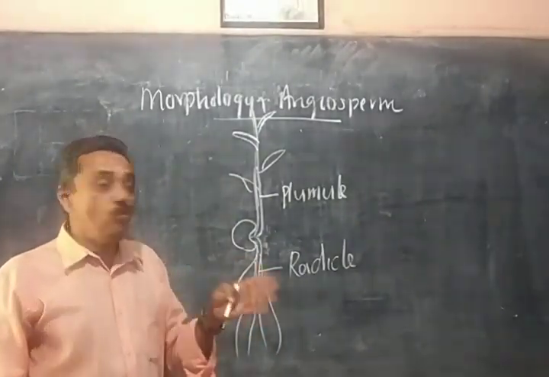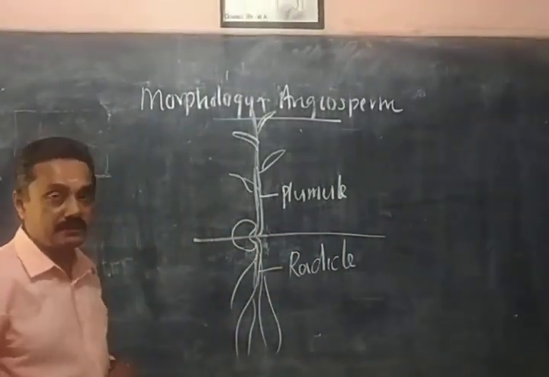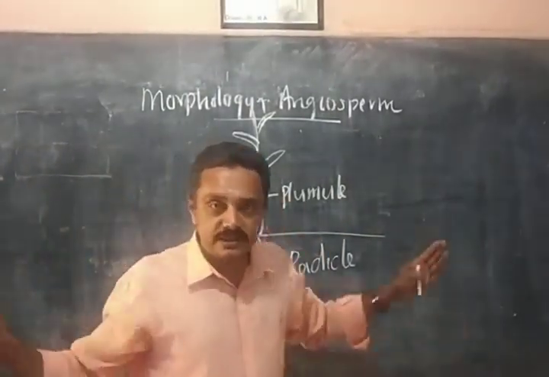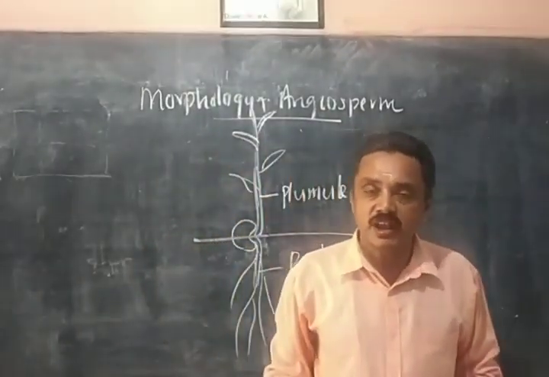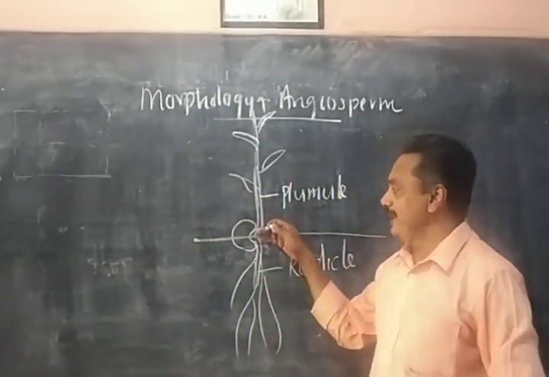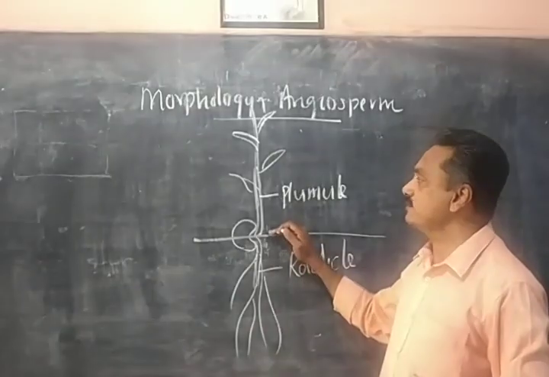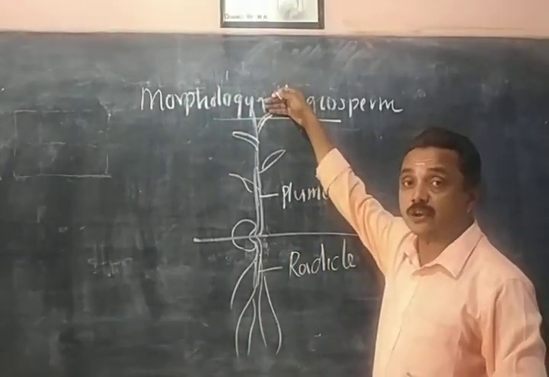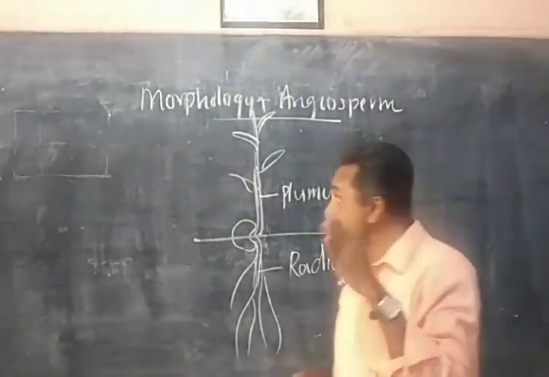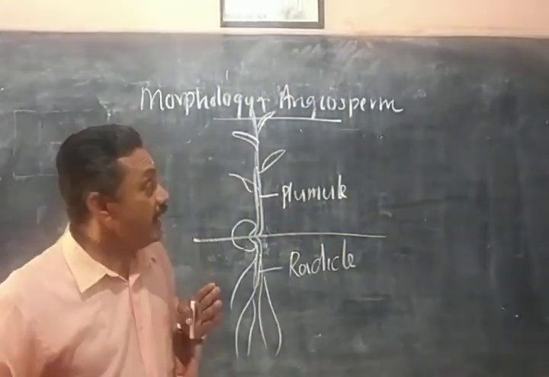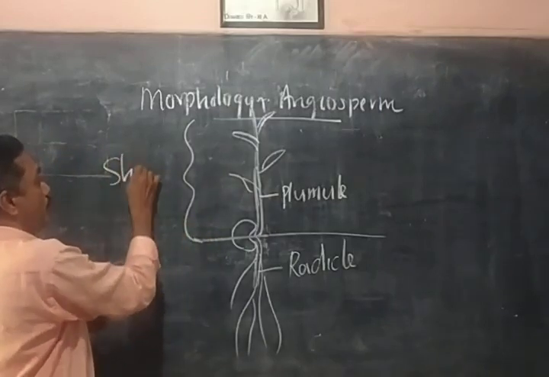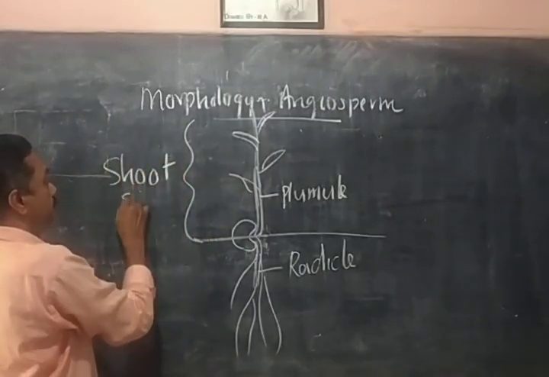So there are 2 parts for a plant body. As far as a flowering plant is considered, there are 2 portions. A part of the plant present below the soil level and a part of the plant present above the soil level. We can start from this point. The part of the plant present above the soil level is called as shoot system.